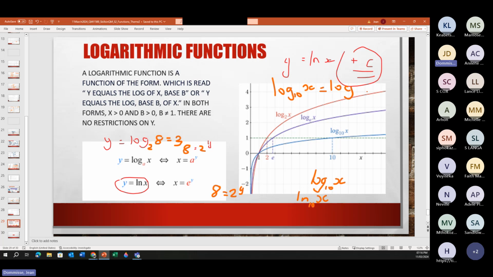So just again, if you guys Google something and you see it, that is why sometimes it looks different, because that is exactly the same. Okay, so log 10 of x is exactly the same as log of x.